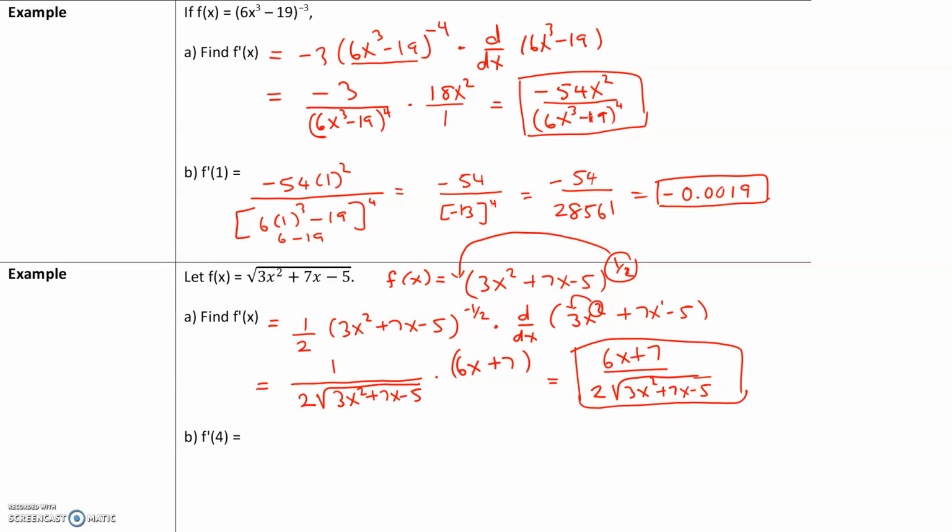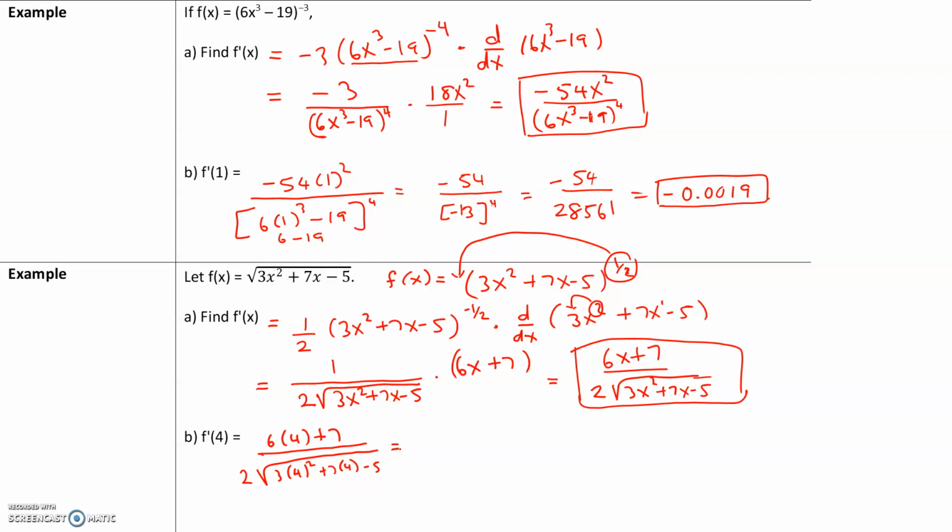Finally, we want to find f prime of 4. So for f prime of 4, we're going to have 6 times 4 plus 7 divided by 2 times the square root of 3 times 4 to the second power plus 7 times 4 minus 5.